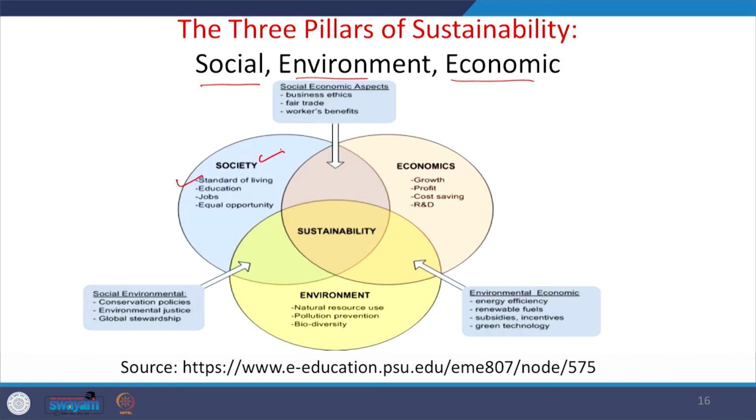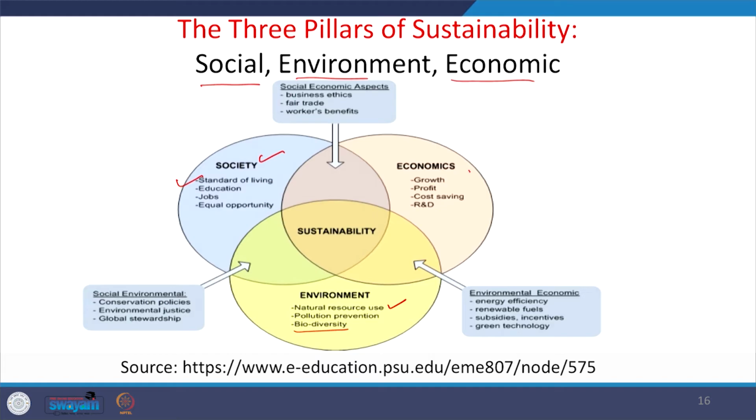And in environmental sustainability, we can take into account, for example, the way we are using natural resources as raw materials for expanding our production, how we are framing our public policies in order to prevent pollution, and how biodiversity is preserved. These are examples of environmental sustainability.